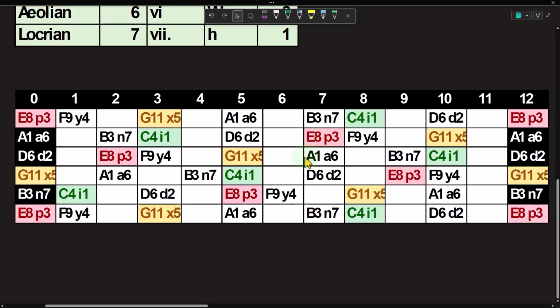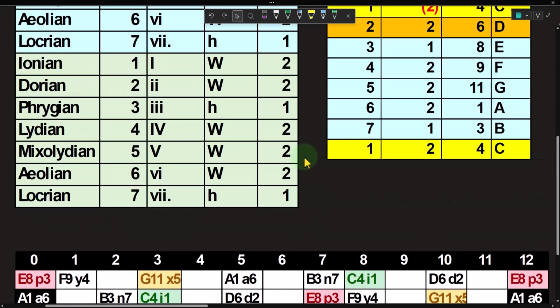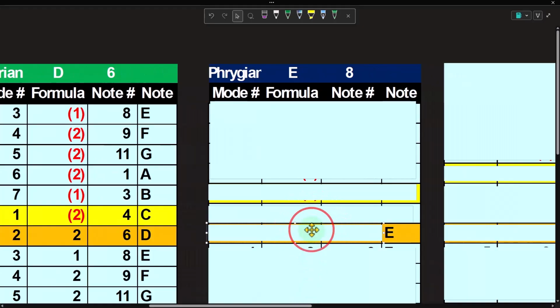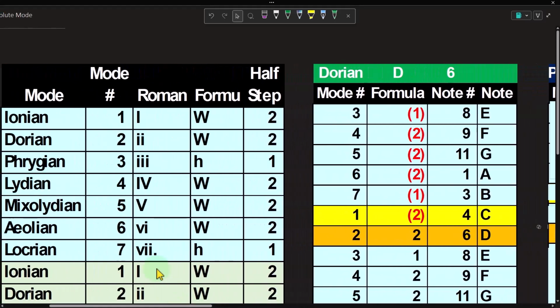We can also use my formula or my intervals. So let's go back up and say, what if it's the 3, I'm going to go up. What's my formula? Well, if I'm on the Phrygian here, then it would make sense to go up. So the formula is whole to get me to the Phrygian.